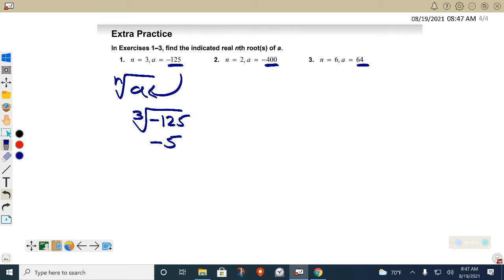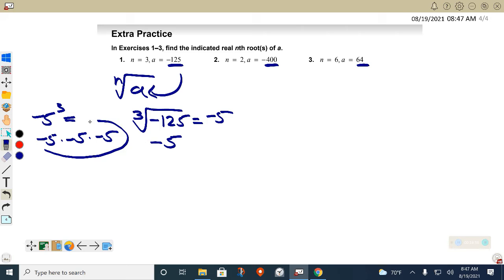Which really means this. You don't have to write this down. When we say this is -5, what we're saying is, if you take -5 to the third power, that really means -5 times -5 times -5.